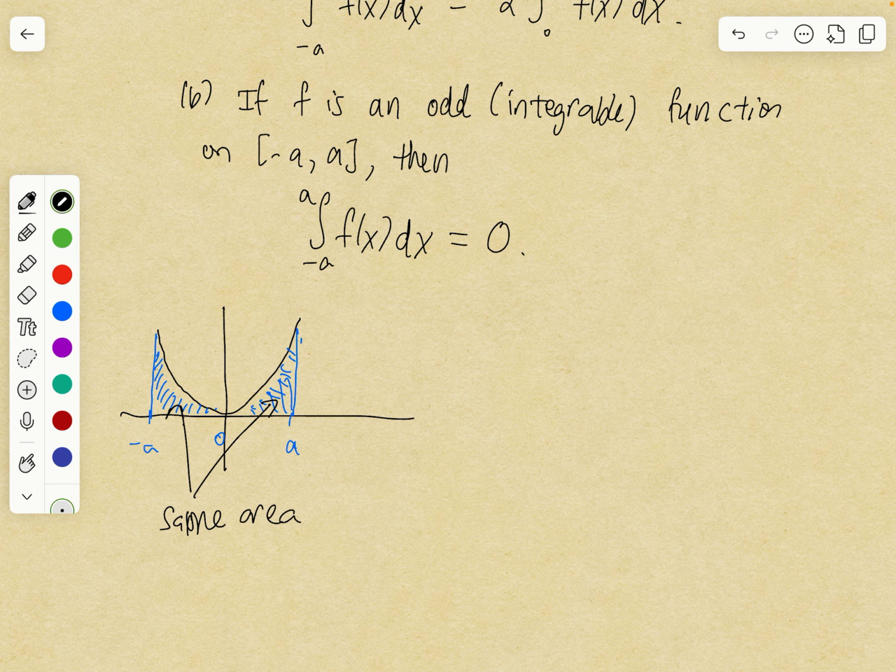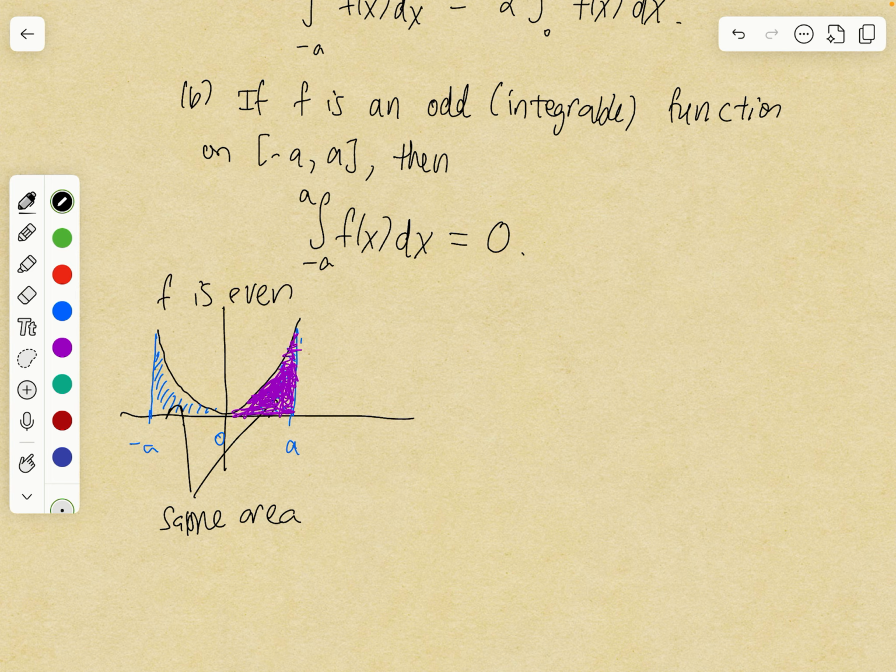So if you wanted to find the total area from negative a to a, you could just find the area from 0 to a and then multiply that by 2. And that'll give you the area from negative a to a. So that's where we're using the fact that f is an even function, that it has this symmetry about the y-axis.